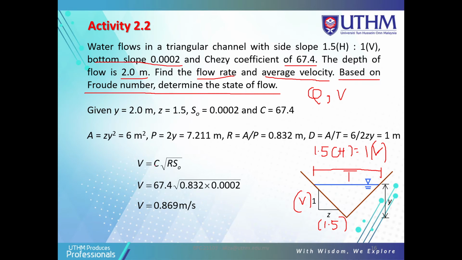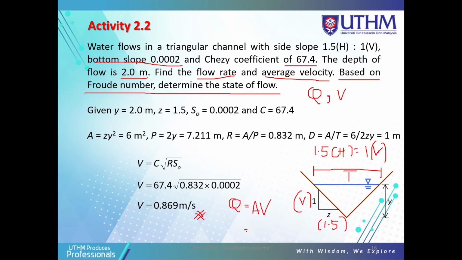So we know that the velocity for Chezy's equation is C times R power of half, and S naught power of half. So we just use that and calculate the value of velocity. After you get the velocity, you use this equation, Q is equal to AV.